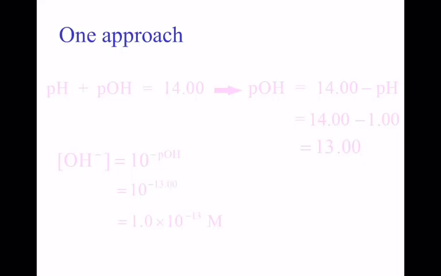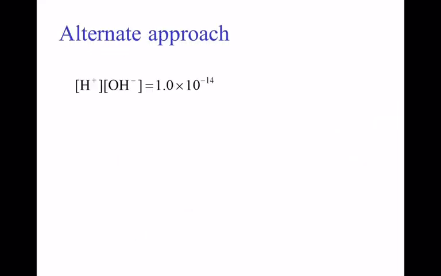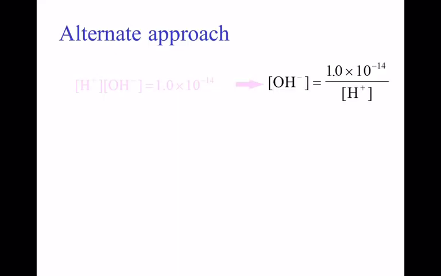The alternative approach looks like this. Once we had the hydrogen ion concentration, we could recognize that the molar concentration of the hydrogen ion and the hydroxide ion multiplied together is Kw, which at 25 degrees Celsius is 1.0 times 10 to the minus 14th. Rearrange that for the hydroxide ion.